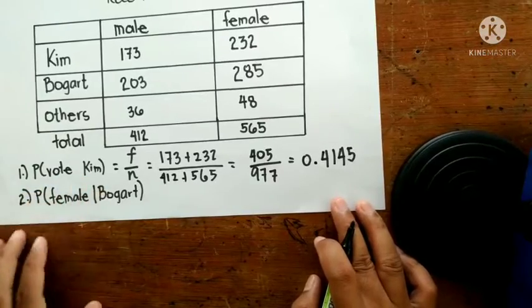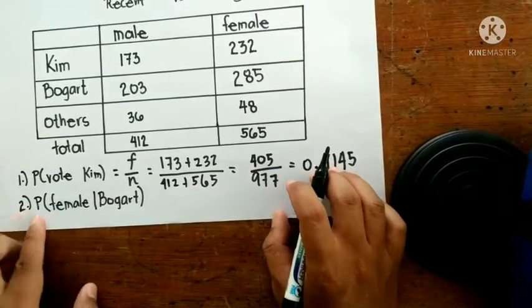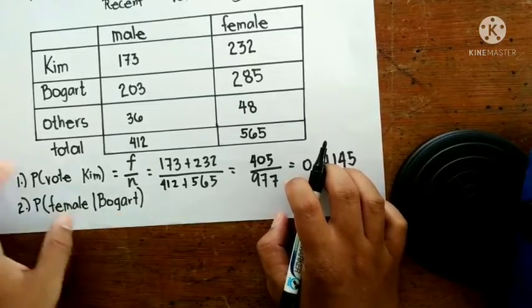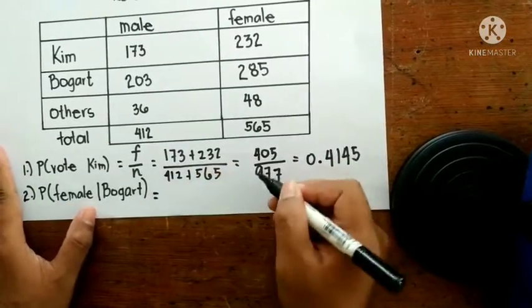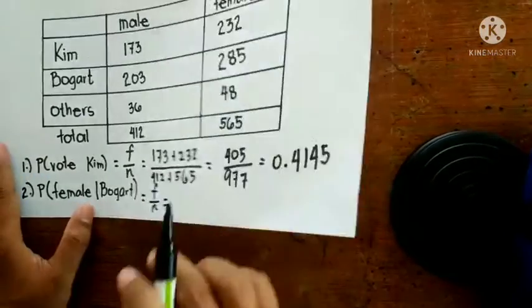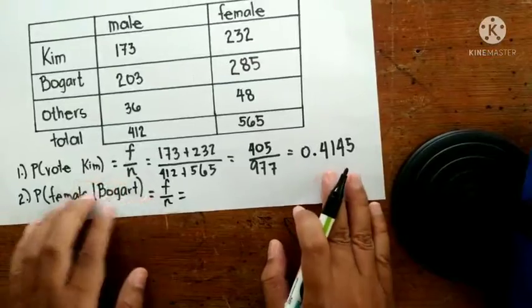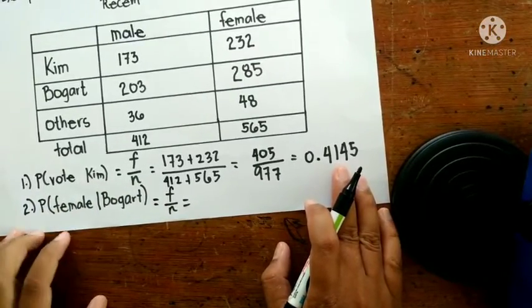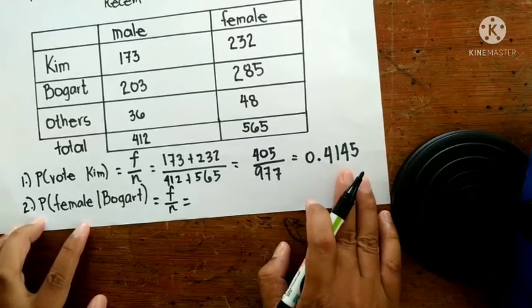Next, let's have the probability of the female voters for Bogart. Still we have our formula F over N. What is the likelihood that the female voters will vote for Bogart?